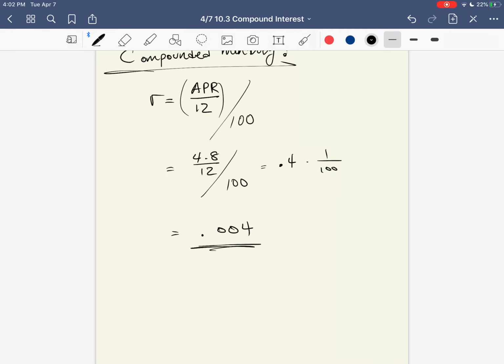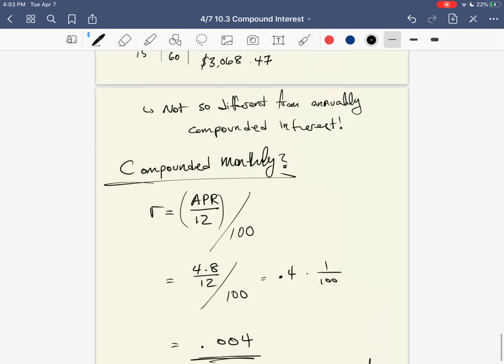Okay. So now F is going to be your principal times 1.004, and we had a principal amount. It was 1,500. Multiply that by 1.004 raised to t, where t is now the number of months.